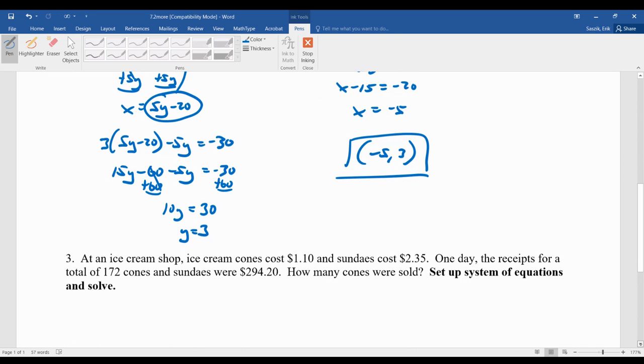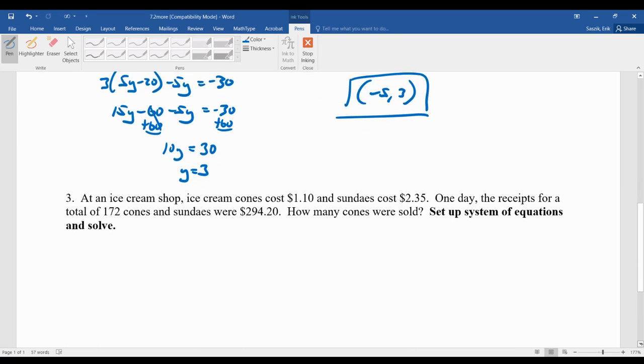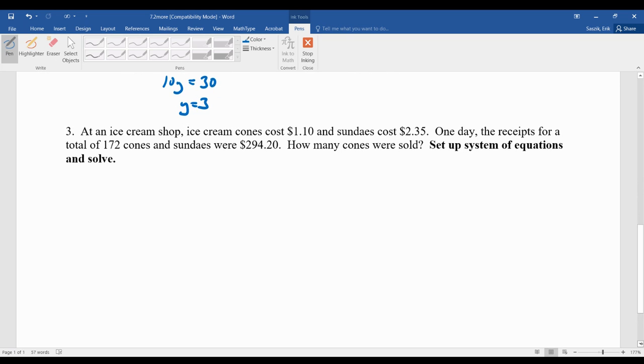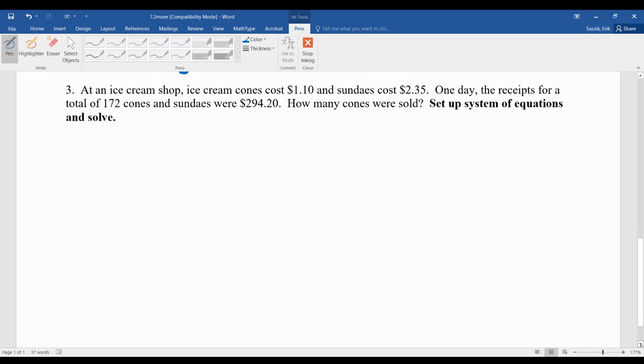Now, doing these new techniques wouldn't be any fun if we didn't do a little bit of word problems, right? So here, the ice cream shop talks about ice cream cones and sundaes. We have to define variables for what we don't know. Again, stop this if you want to try this yourself.